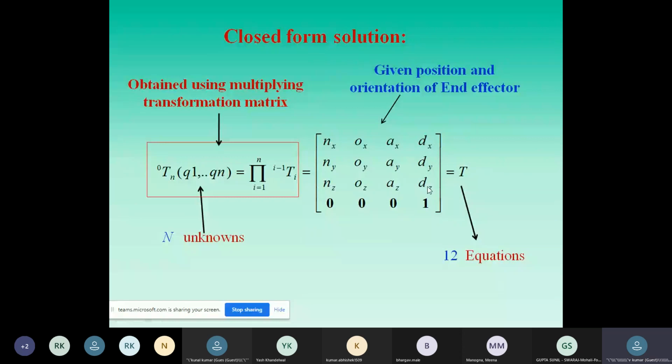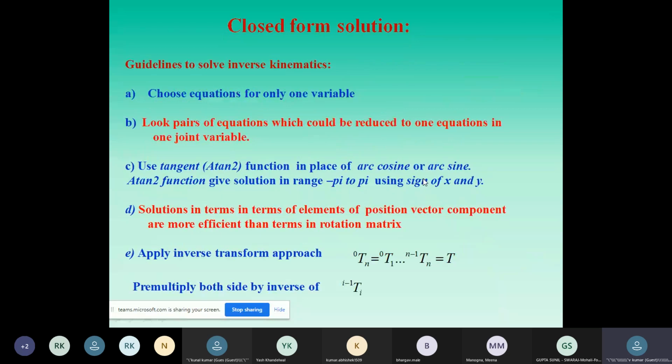One is position and the other comes from the rotation matrix. Then we choose only the position part because that gives accurate solutions.